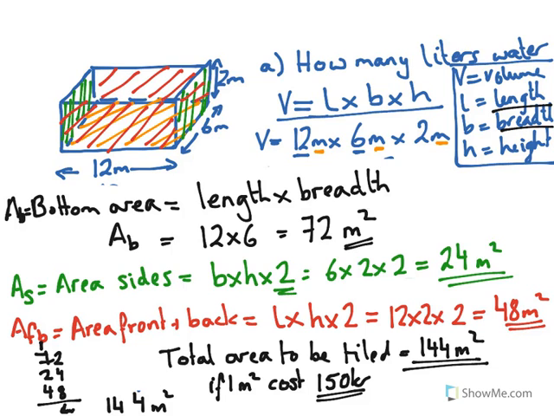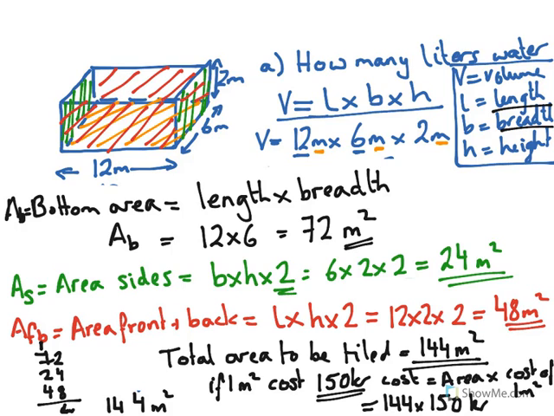Well, the cost will end up being the area of pool that we've got to tile multiplied by the cost of 1 square meter. We have to tile 144, and every square meter is going to cost us 150 kronas, and we have 144 square meters. So we can actually cheat a little bit here and just use our calculators.